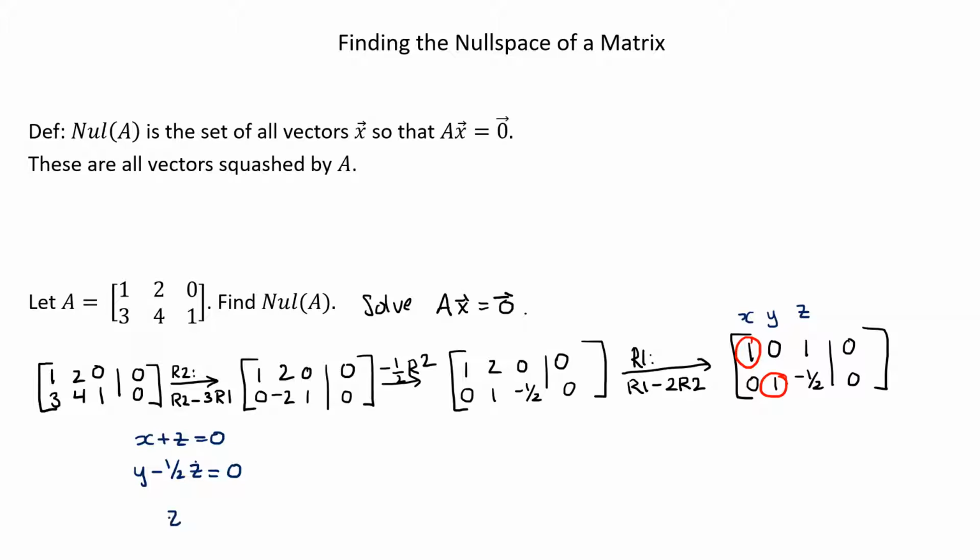And z here is our free variable. It's not a pivot. Okay, so we can solve for x and y in terms of z. x is equal to -z, and y is equal to 1/2 of z, and z is free.